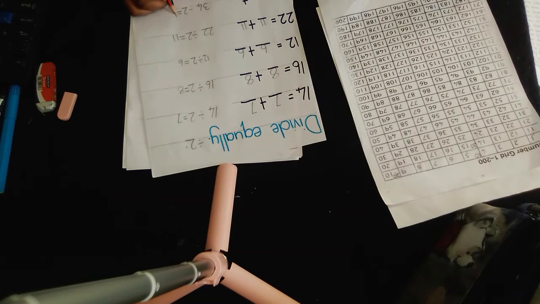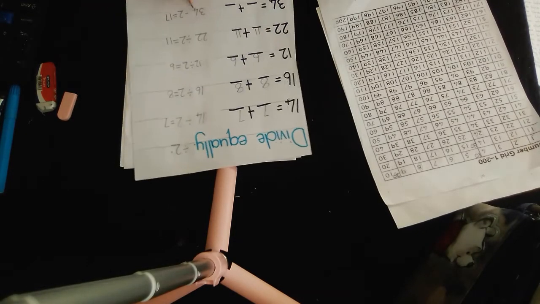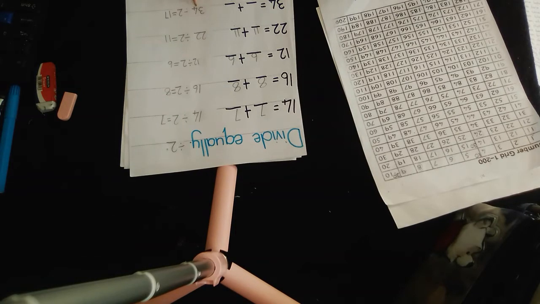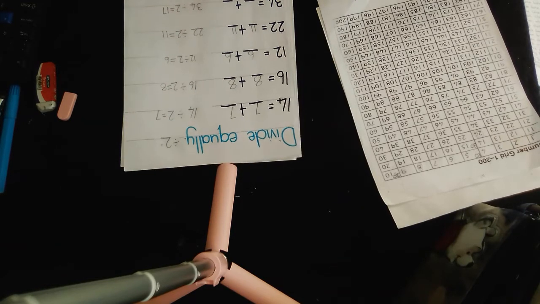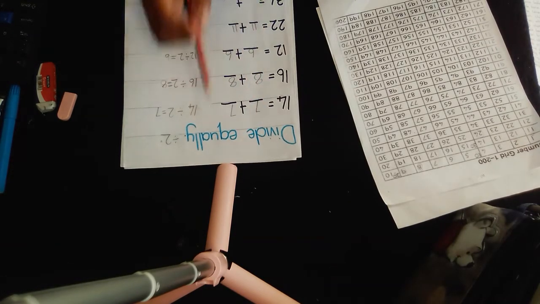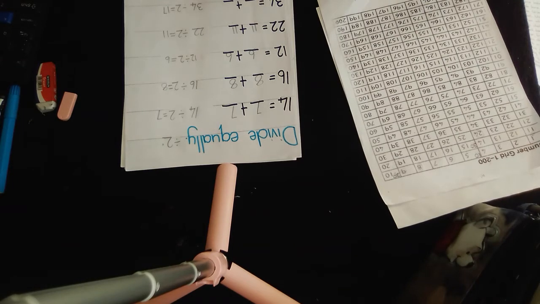That is 17 sweets. So that means 34 divided by 2 is equal to 17. 34 divided equally between me and my brother will be 17 sweets for me and 17 sweets for my brother.